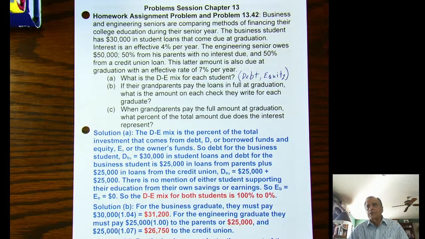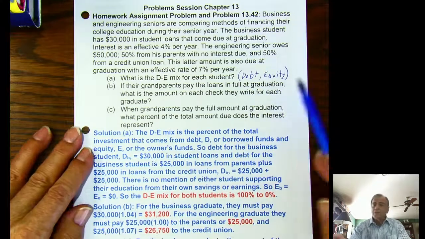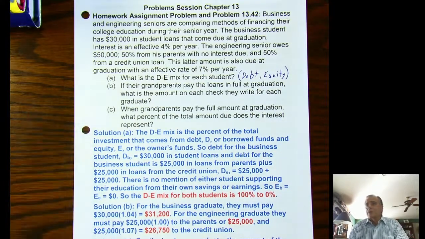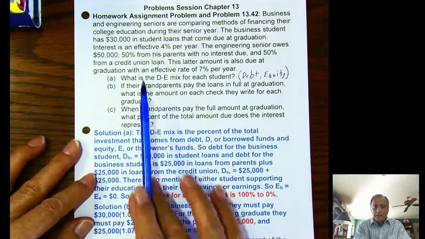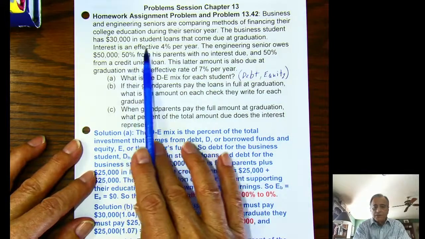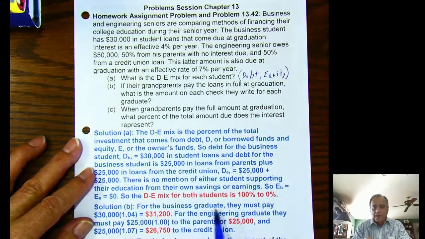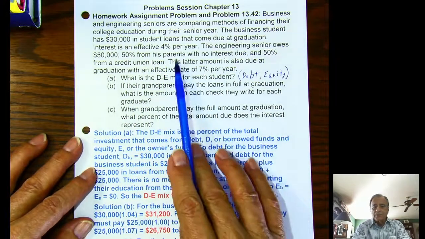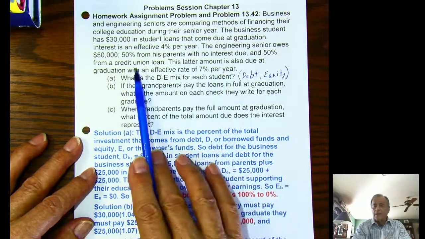Well, this particular problem doesn't talk about the student working or having saved money before they went to college or anything like that. So we don't know anything about equity, so we're going to have to assume there's no equity. All the money came from either, in the case of the business student, the student loans, or in the case of the engineering student, parents and credit union loan.